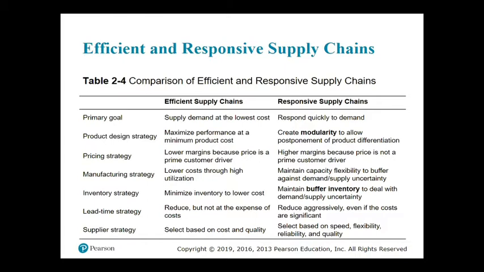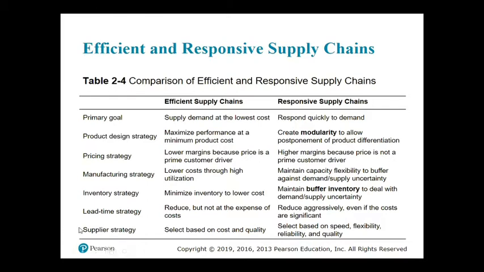In terms of lead time strategy, one goal of responsive supply chains is to aggressively reduce lead time. Whereas reducing lead time is only important for efficient supply chains if they can do so within limited cost.